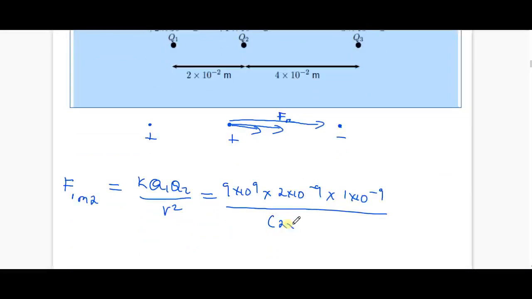So I have 2 times 10 to the power minus 2 meters, all squared. I don't have to write units because I haven't involved units anywhere. So I proceed to press my calculator.